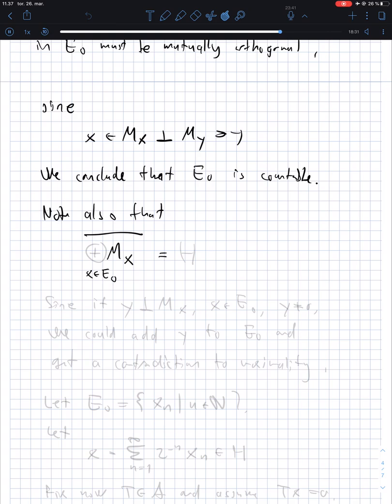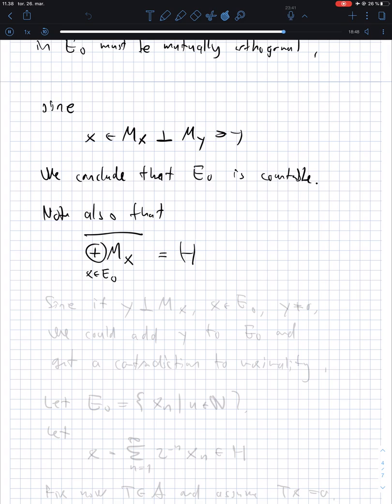Right, I guess I'm doing this wrong as in the book, so let me write it correctly. What I really mean is that if I take the sum of all the Mx's with x ranging over E naught and close it off, I will get H, right?